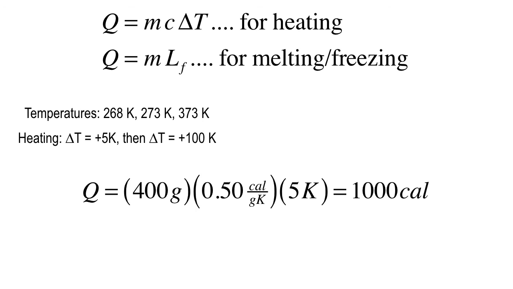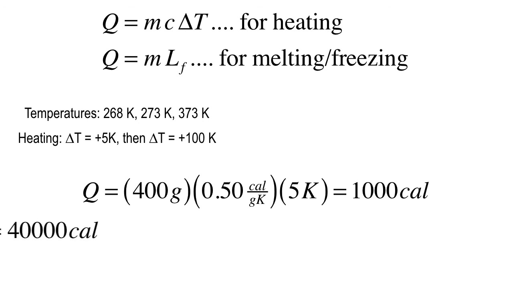Kelvins cancel from the third parenthesis and the denominator of the second parenthesis. Grams cancel from the first parenthesis and the denominator of the second parenthesis. So all you're left with is calories, and it works out to be 1,000. So that's pretty nice. That's how much energy you need to raise 400 grams by 5 Kelvin.